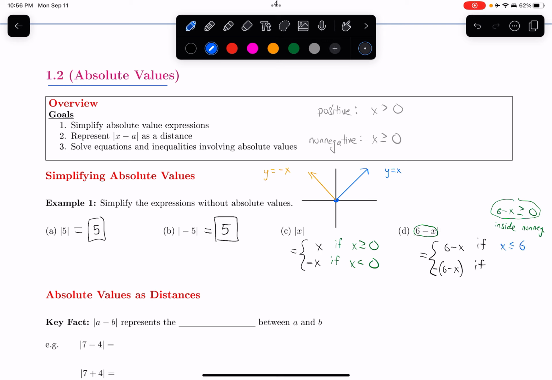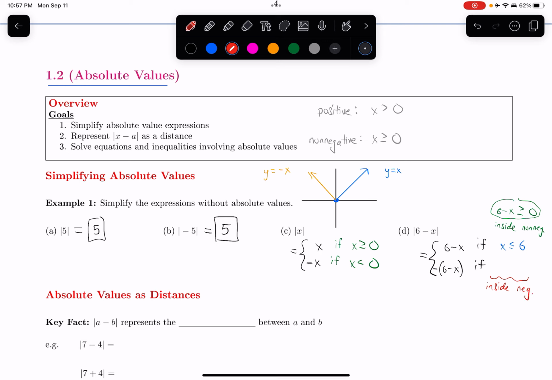And if I think about that logically, if I plug in a number that's less than or equal to 6 for the x, like 4, well, 6 minus 4 is non-negative. That's what I wanted, the inside to be non-negative. And that's good. Okay, so for the other situation, for the bottom piece, I need my inside to be negative now.